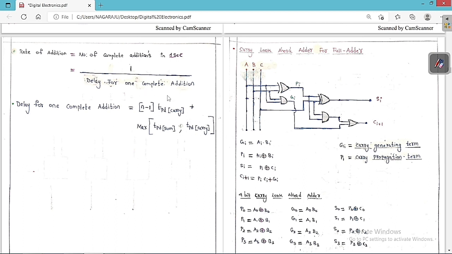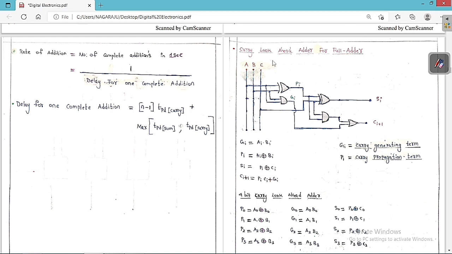So simply we can say the rate of addition, the number of complete additions that take place in 1 second, is equal to 1 by the time taken for one complete addition, which is (N-1) into the propagation delay of the carry plus the maximum value of the propagation delay of the carry and the propagation delay of the sum. This is a very important point that you always have to keep in your mind.